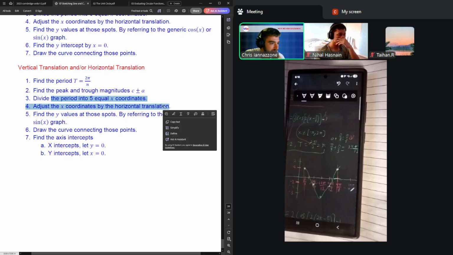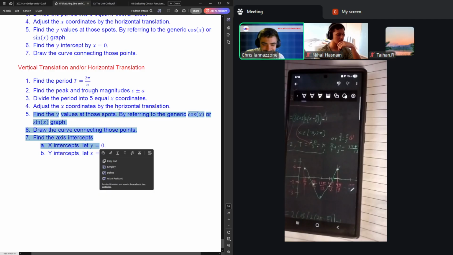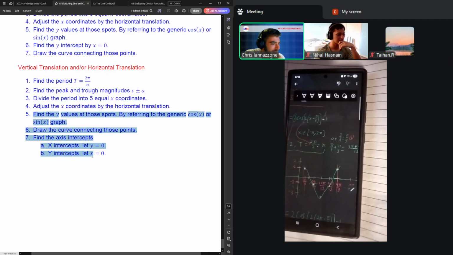Getting your scaling correct, so dividing it up into fifths and shifting it accordingly, might be one. And then tidying things up with all the y stuff and subbing in endpoints. That'd probably be the gist of where it gets separated.